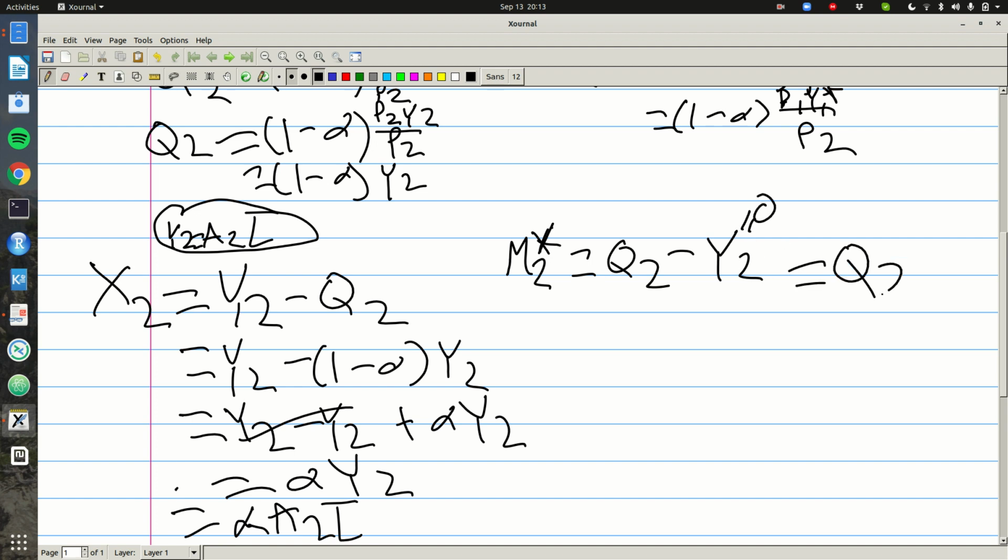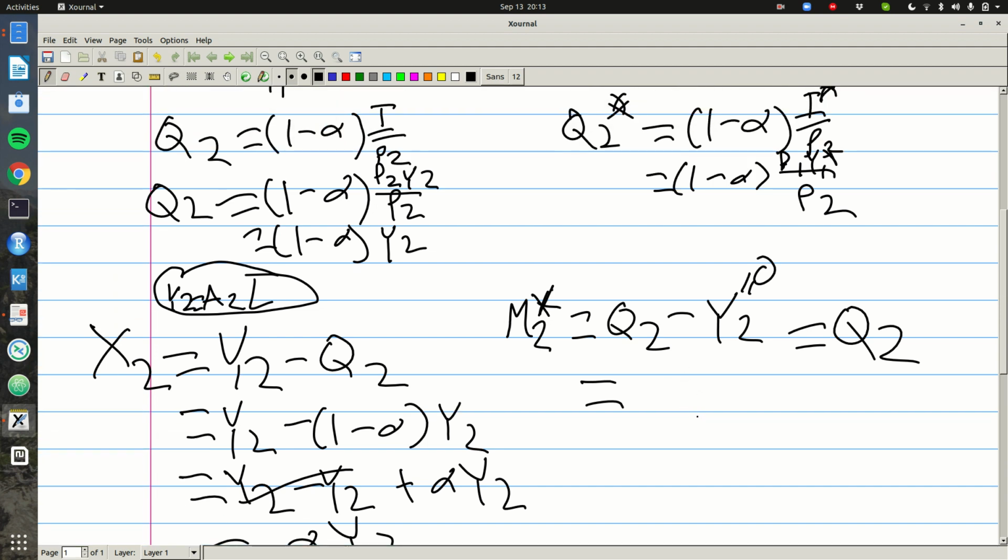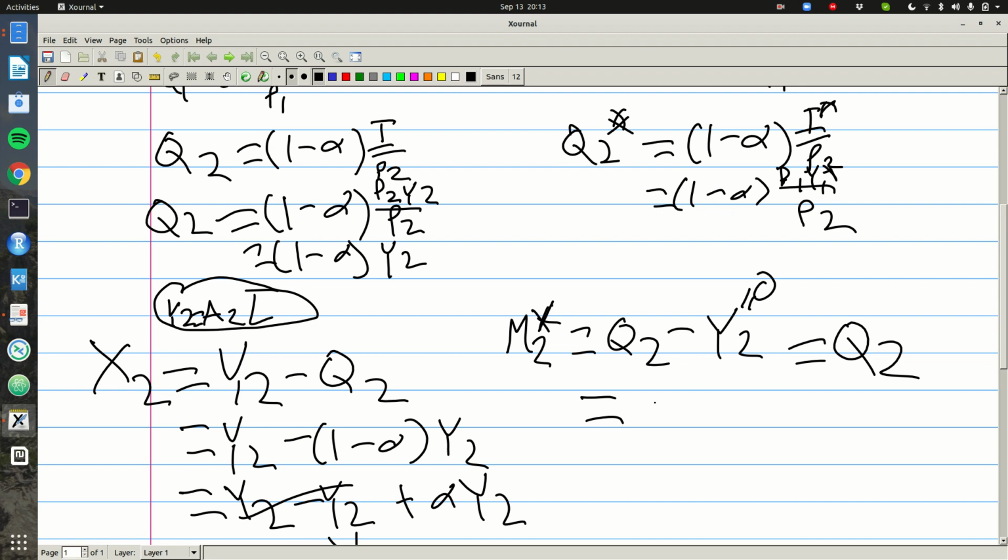And so foreign's import demand, and note that this is all assuming full specialization, is just going to be equal to whatever their consumption demand is. So recall that that's 1 minus alpha times P1 over P2 times Y1 star.